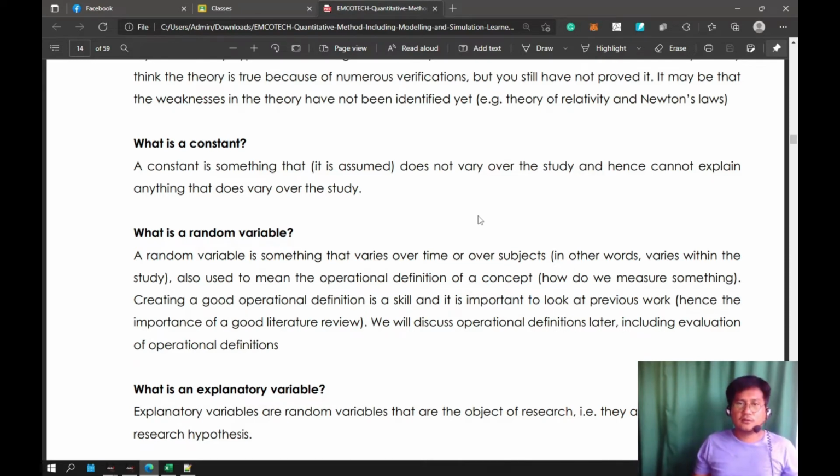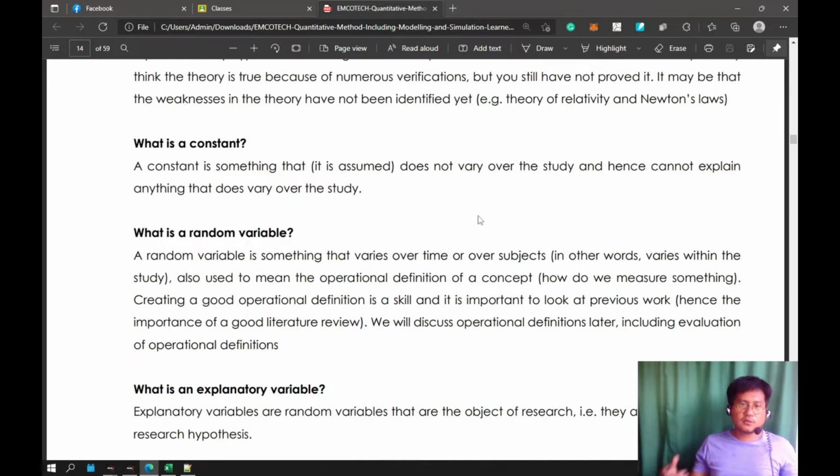Okay? So in mathematics, we do have some constant variables. Hindi siya pwedeng baguhin. Talagang andyan lang siya. Let's say for example the pi. The pi value is 3.1416, and we could not change that. That is a constant value. So it is something like that.